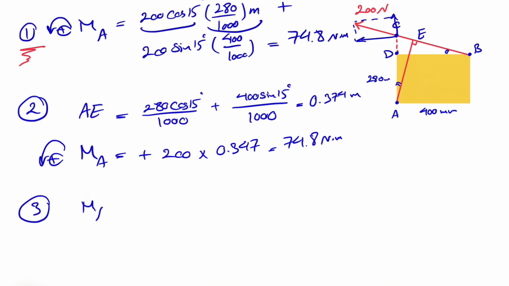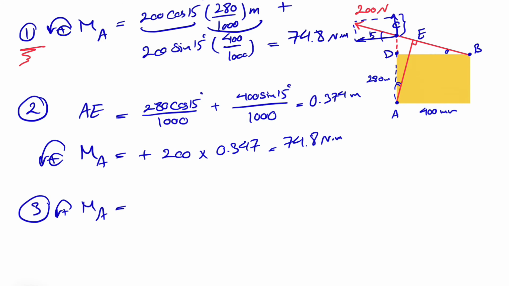R this time. So we are trying again to find a moment about point A. Our R in here would be our AC, and as we can see, the vertical component is going to pass through A, so it won't make any moment, and we only have the moment of the X component.